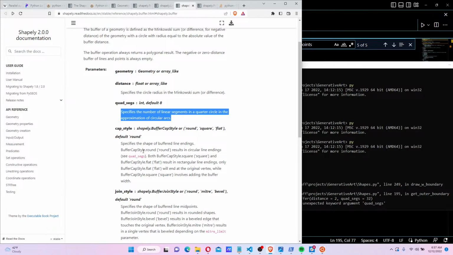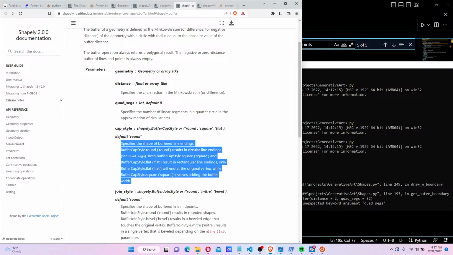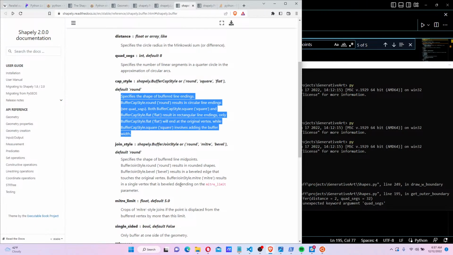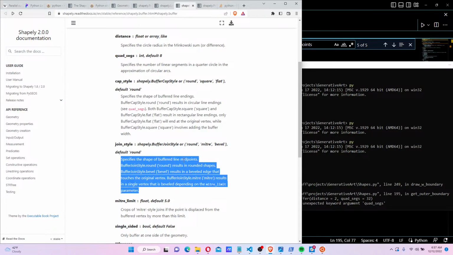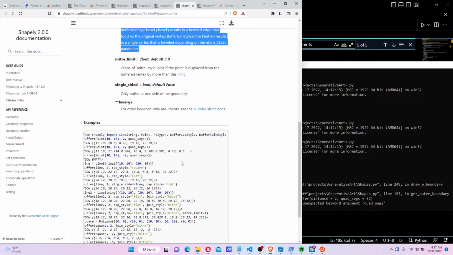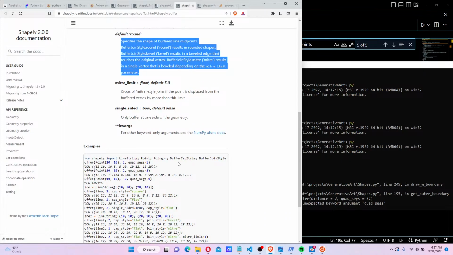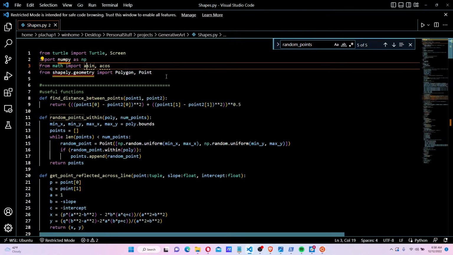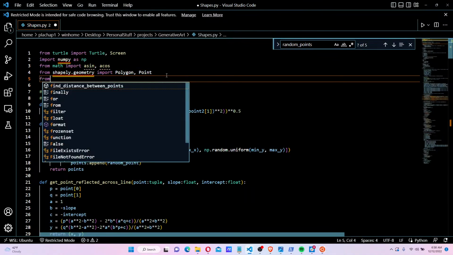Okay. Buffer. Oh. Import. So, I'm trying importing this again.